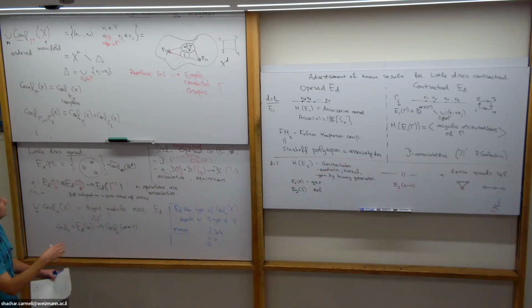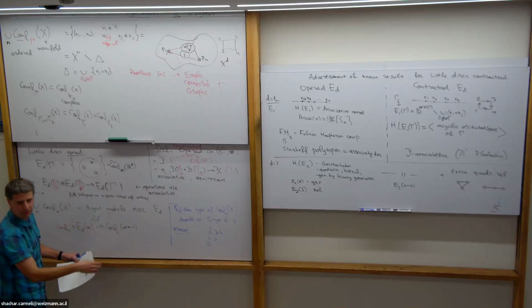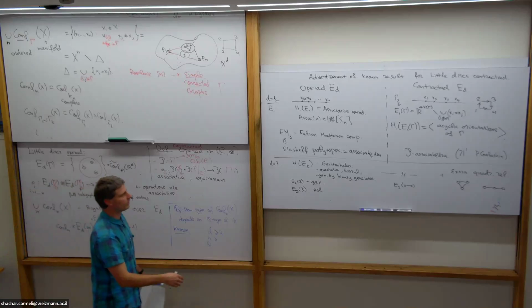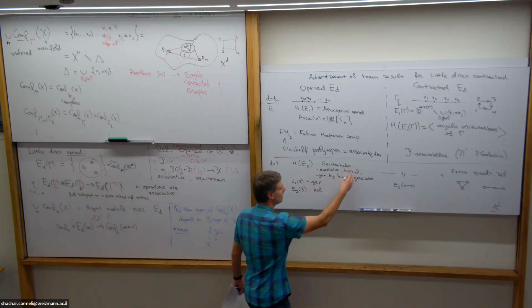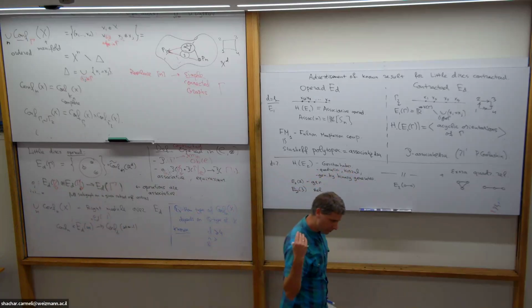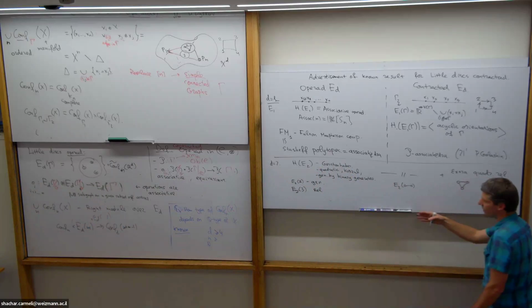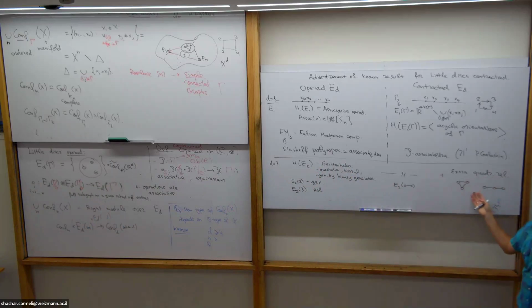So you can define the story with this E_d of gamma with the contractad. It's not too complicated to say what a contractad is given by generators and relations, and what the notion of being quadratic, being Koszul, and all this machinery which we know for operad theory, can be generalized to the notion of contractads. This is quite a nice example because you can say quite a lot out of knowledge of the 2 graphs.